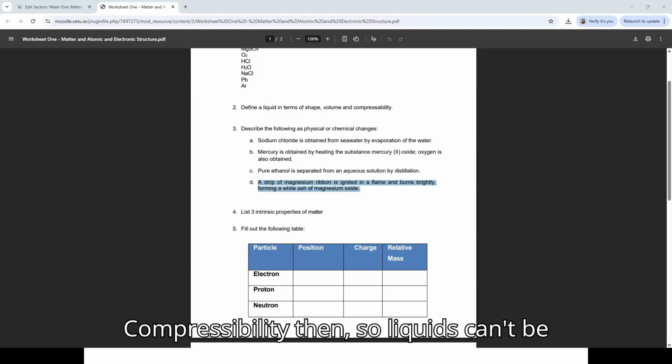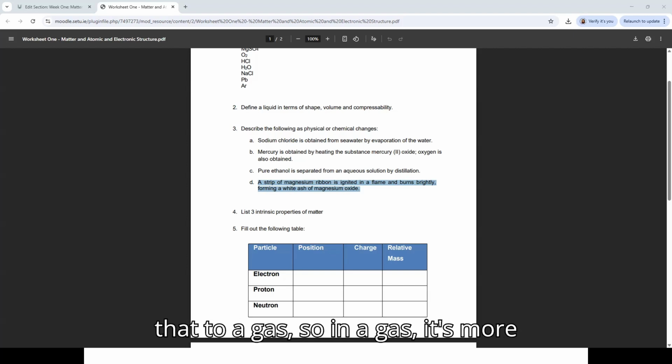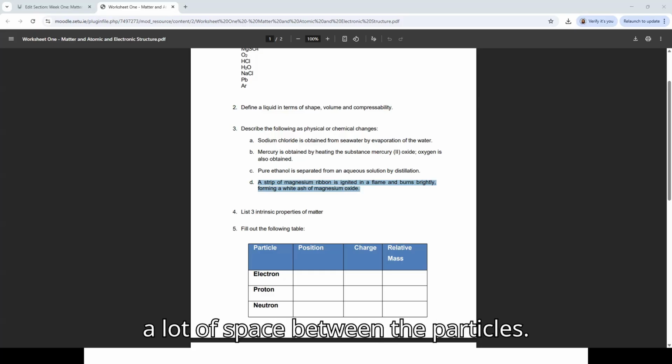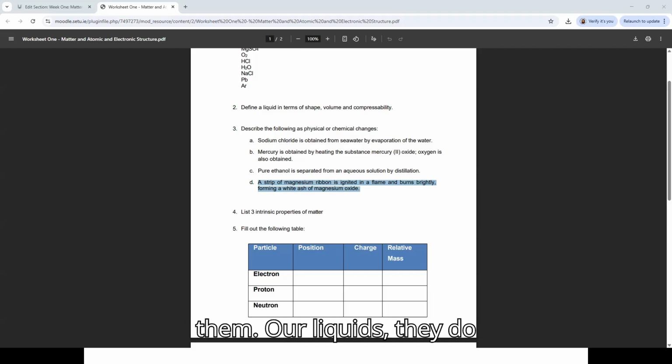Compressibility then, so liquids can't be compressed. If we compare that to a gas, in a gas it's more chaotic. All of the particles in a gas are moving around very quickly. There's a lot of space between the particles and very little interaction between them. Our liquids do interact, so there is little space to allow for compression of a liquid.